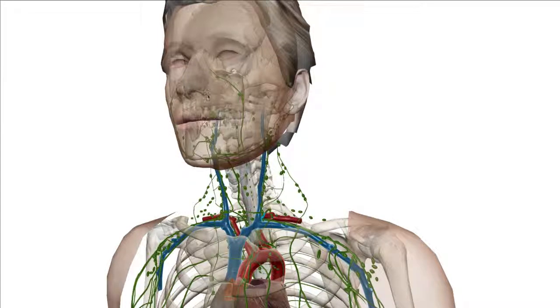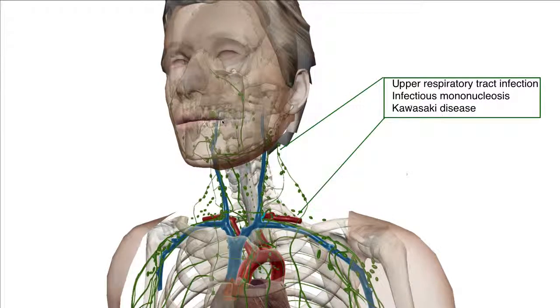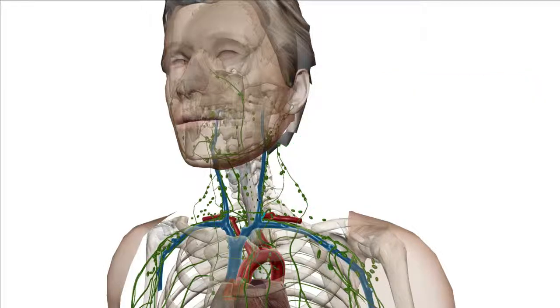Upper respiratory infection, the viruses, infectious mononucleosis. These patients are all going to have enlarged lymph nodes, right? They're going to have lymphadenopathy around the neck region. Also, patients that have Kawasaki disease are going to present with lymphadenopathy of the cervical area, okay? That's what you need to know for the board exam.